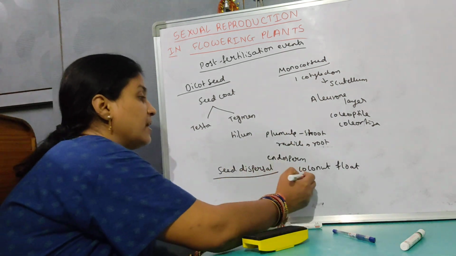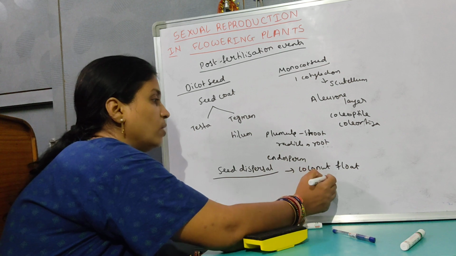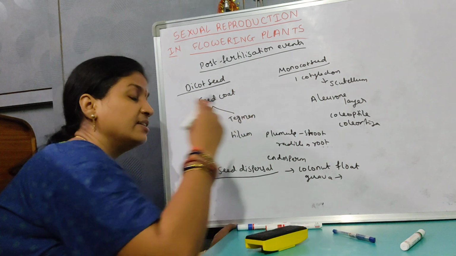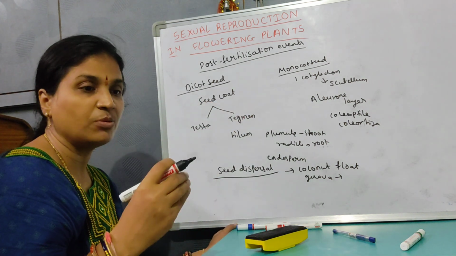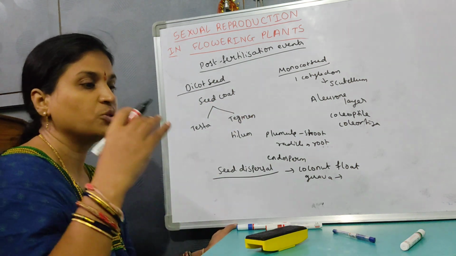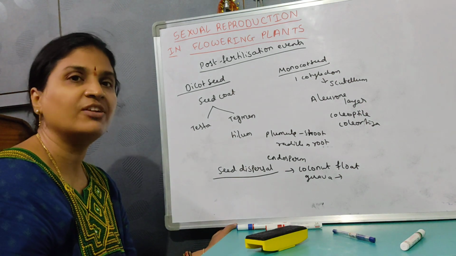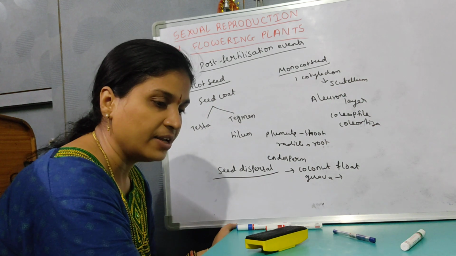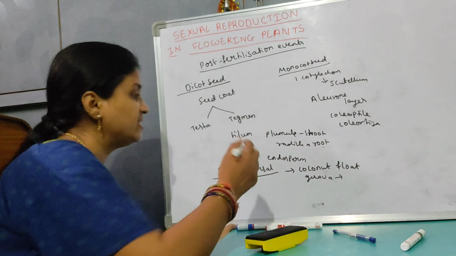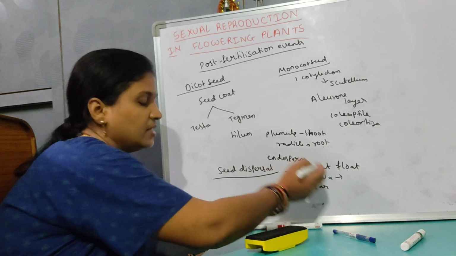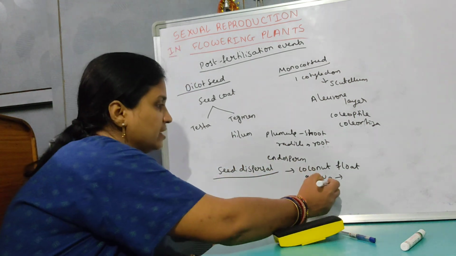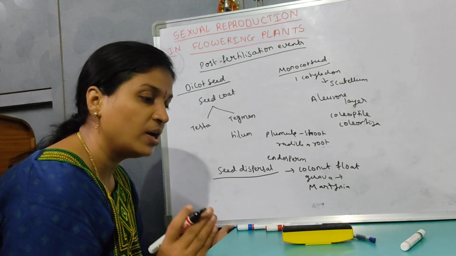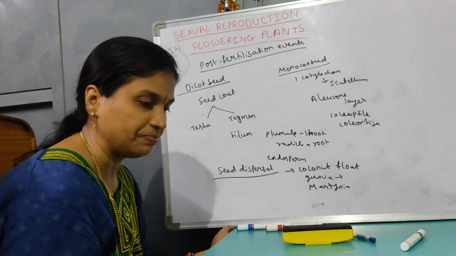In some plants like guava, the fruits are eaten by birds, and the seeds are present in the fecal matter because they are undigested. That fecal matter is deposited on the soil and develops into a new plant. Then in some plants the seeds are attached to the animal fur.